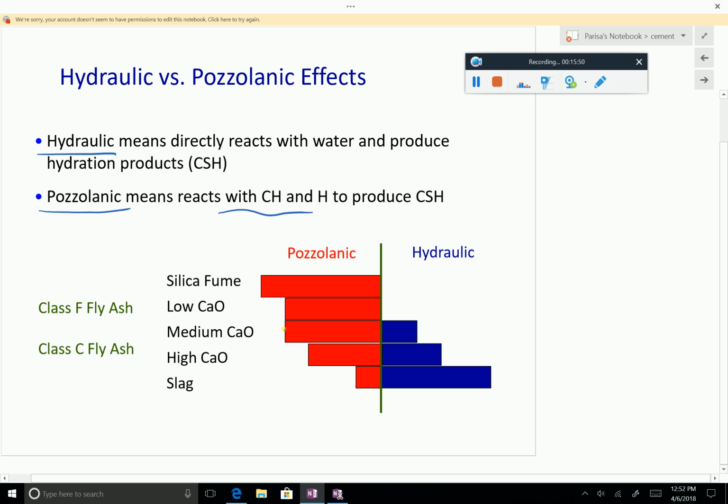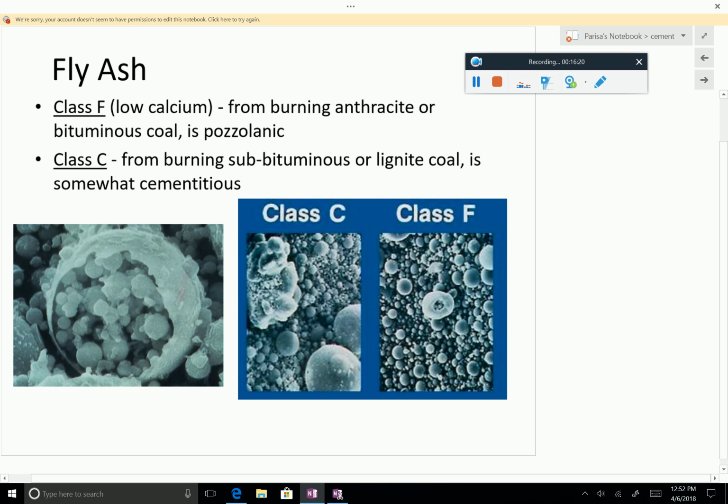You can see that, for example, fly ash has two classes, F and C. Class F is typically more pozzolanic, and class C is more hydraulic. And silica fume is pretty much pozzolanic, meaning that it doesn't react directly with water. It needs to react with CH to actually create the useful CSH product.